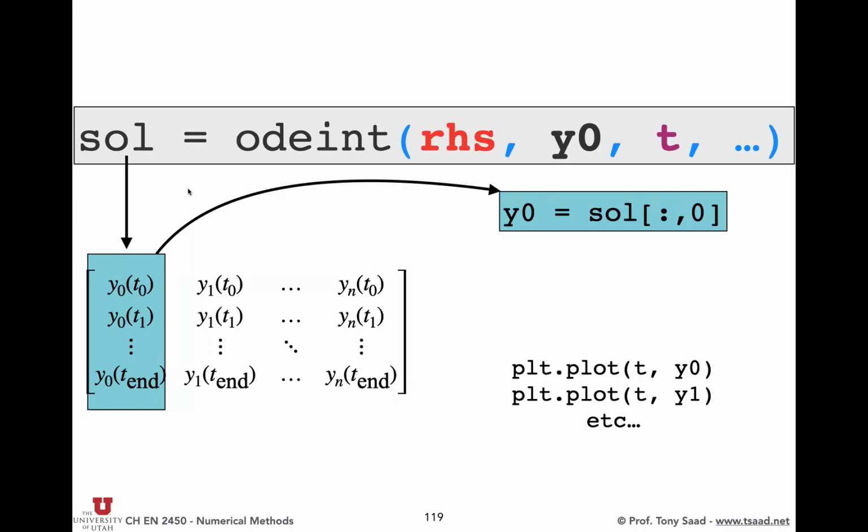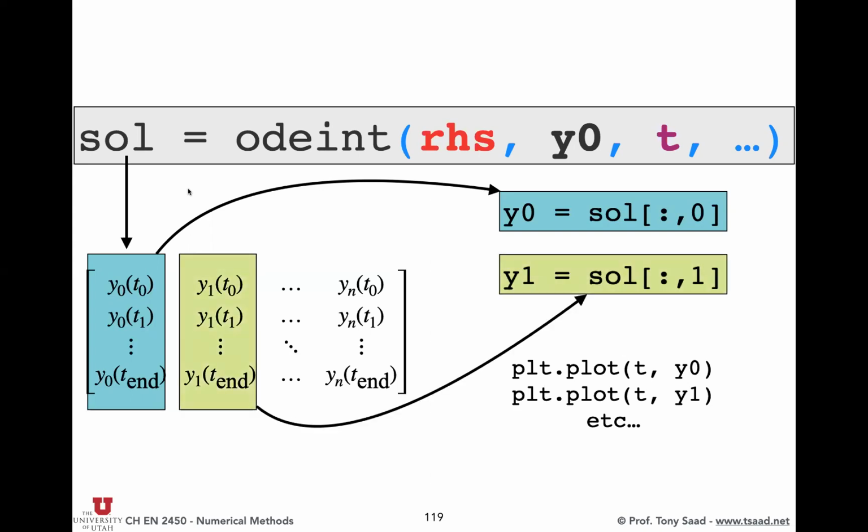So that gives you the first column, or column number 0. And then same thing for y1, you call solution for all the rows, and for column 1. All right, so refer to those slides. You know, I don't even remember how to do this, so I always refer back to my slides when I want to do it. So there's nothing to be ashamed about if you have to refer to those slides. Just know how these solutions are represented, how they are spit out of Python.